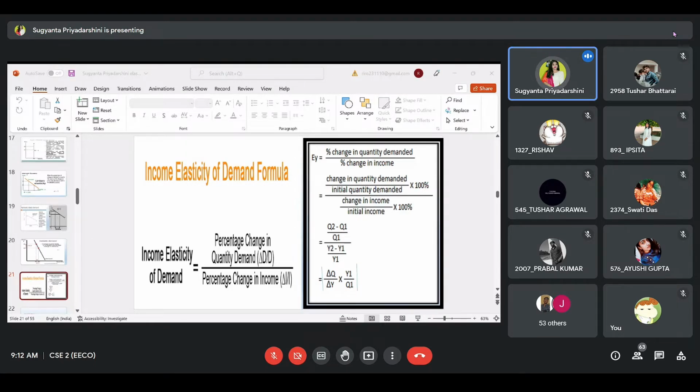So that's why there is a positive relationship between them. It is no way different from your price elasticity. The major difference is that in the denominator we were measuring percentage change in price, and here we are measuring the percentage change in income. So just note down this formula so that we will be solving a numerical out of it. If anyone has got anything to ask, you can ask me now.